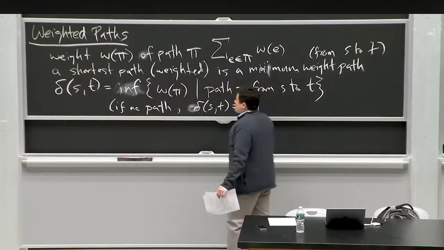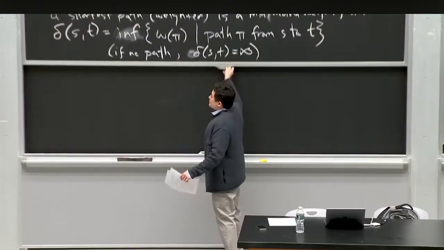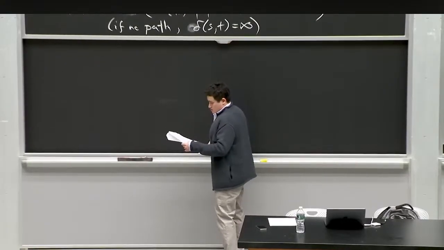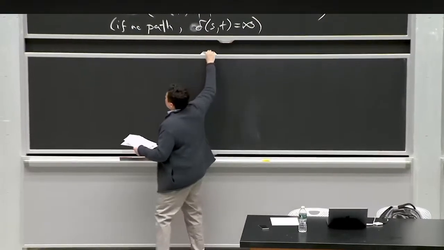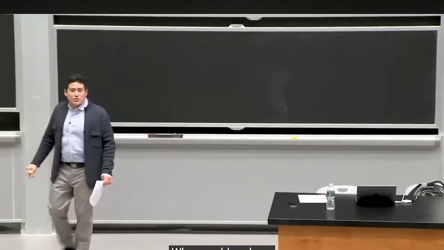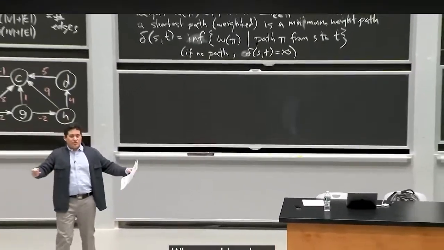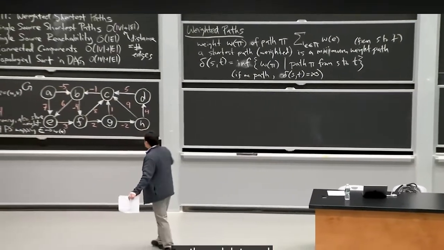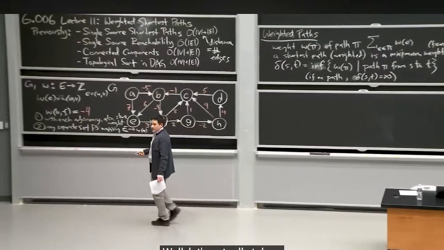So when does that occur? When could we have our shortest path go through lots and lots of vertices? Well, let's actually take a look at this example here.